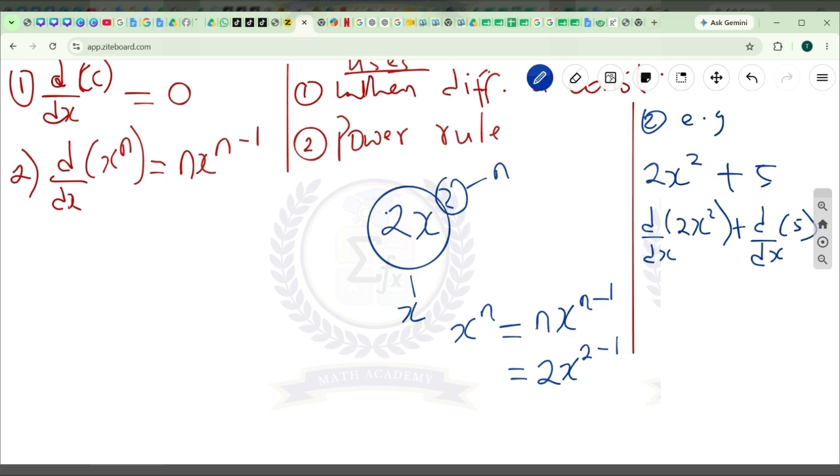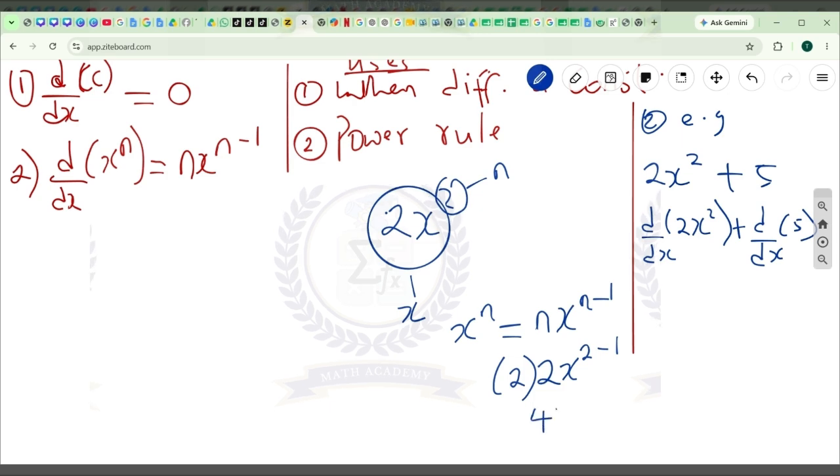Remember there was a 2 here, so this is going to be 2 multiplied by 2x. It's going to be 4x to the power of 2 minus 1, which is 1, which is the same thing as saying 4x.